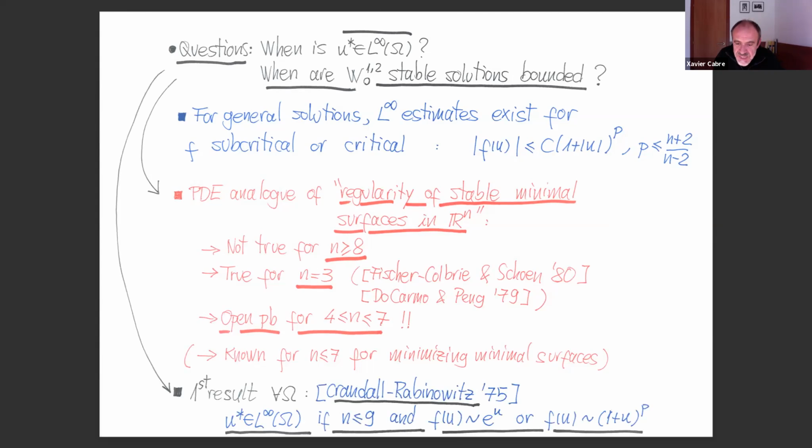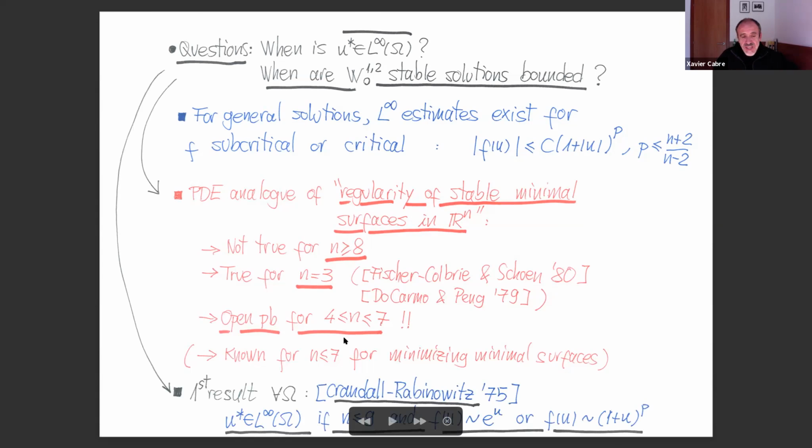And besides the radial case studied by Joseph and Lundgren, the first really important paper, a very beautiful paper, in fact, is by Crandall and Rabinowitz in 1975. And now it's in every domain, so the non-radial case.